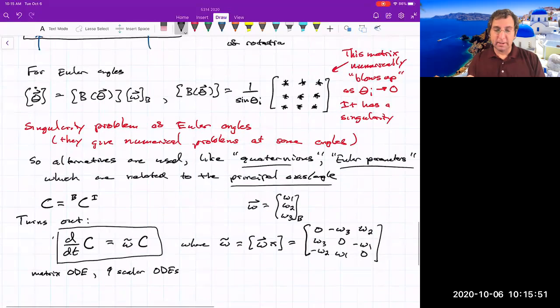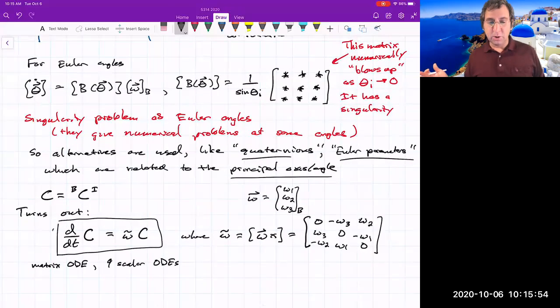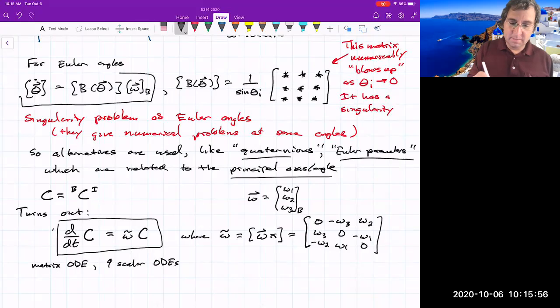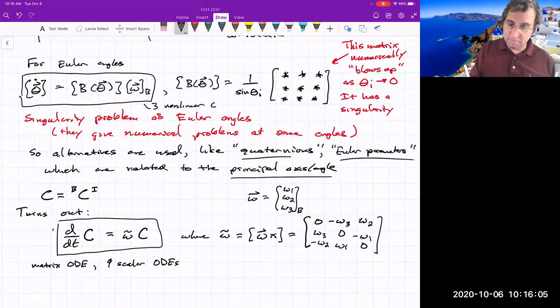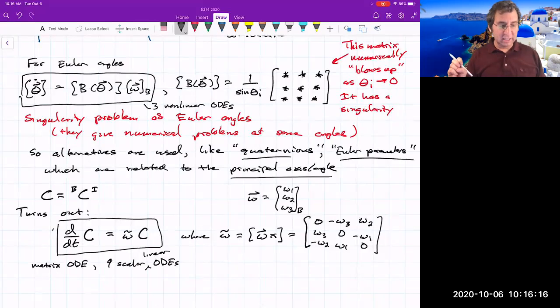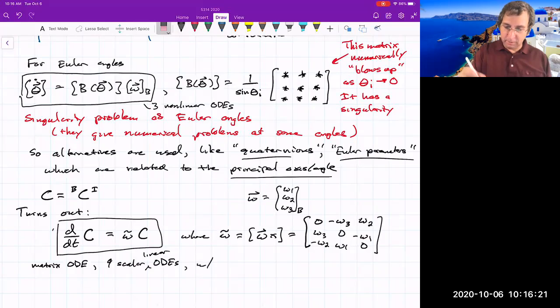But it's 9 ODEs, whereas this thing up here is only 3 ODEs. It's 3 nonlinear ODEs that have a singularity. So it has problems. Where here we have 9 scalar, and they're linear ODEs. It's linear in the entries of C. So we'll say it has no problems. Well, it at least has no singularity problems.